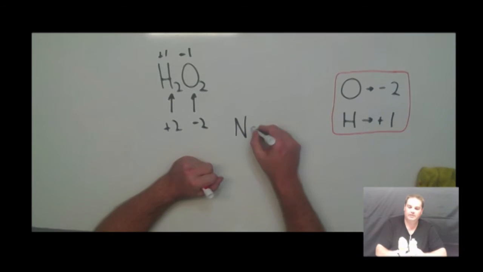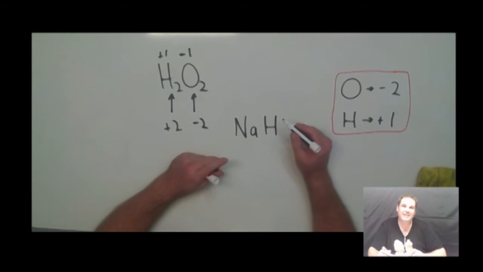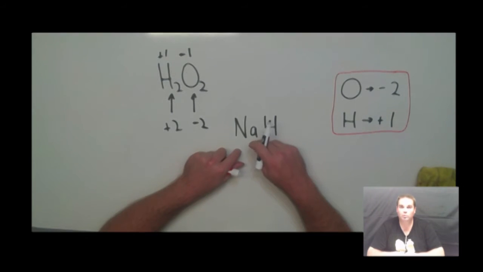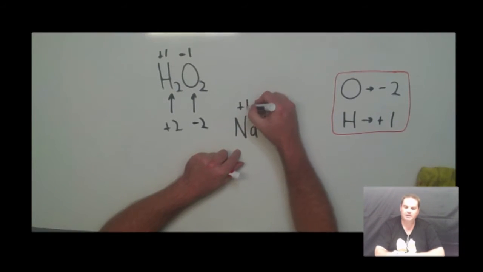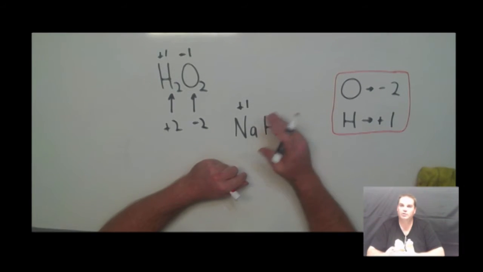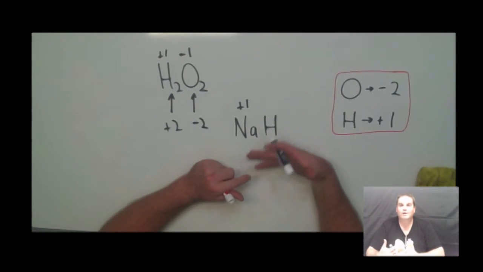So if we've got something like sodium hydride, which can happen, right? Metals always lose electrons. So the charges on metals are really easy to work out for their oxidation numbers. Sodium's in group 1, so its oxidation number is going to be +1. Magnesium's in group 2, oxidation number +2. Aluminium group 3, oxidation number +3, because they will always lose electrons.